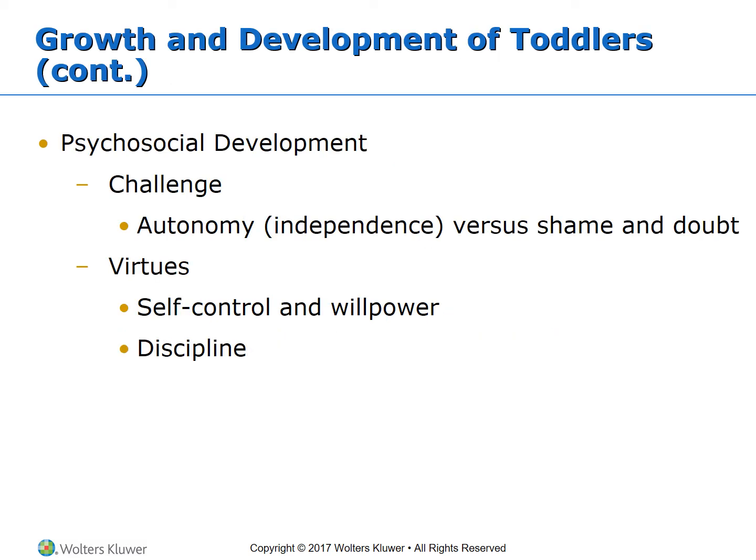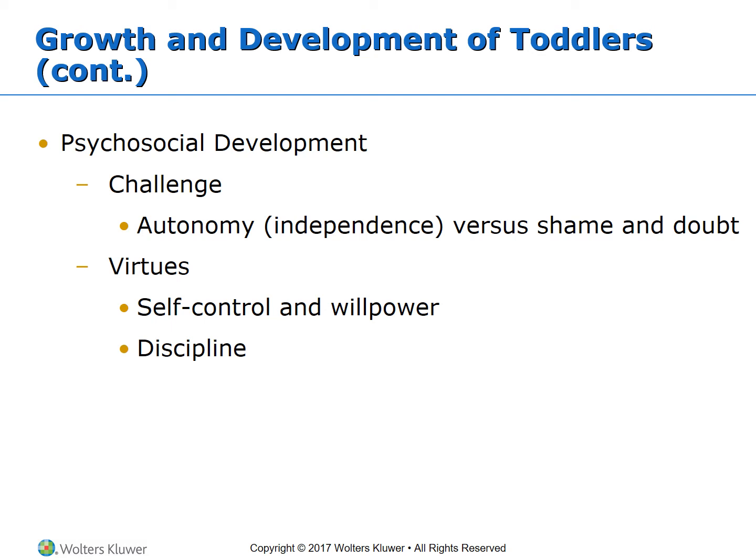Psychosocial development. The challenge is autonomy, independence versus shame and doubt. They begin to establish independence by walking by themselves, self-feeding, playing, and speaking. Virtues: self-control and willpower, which allows them to make simple choices.